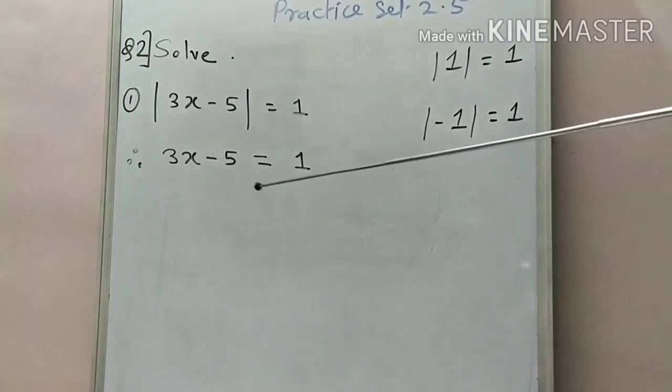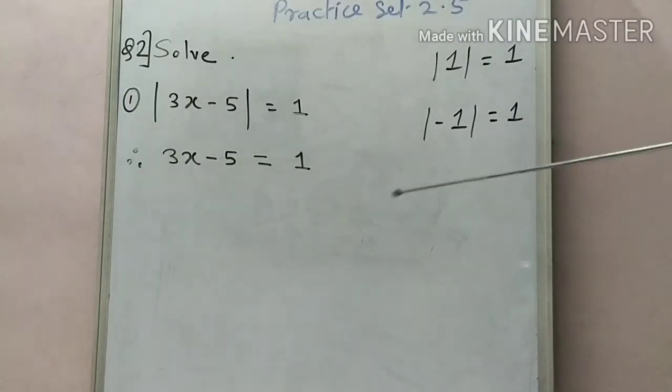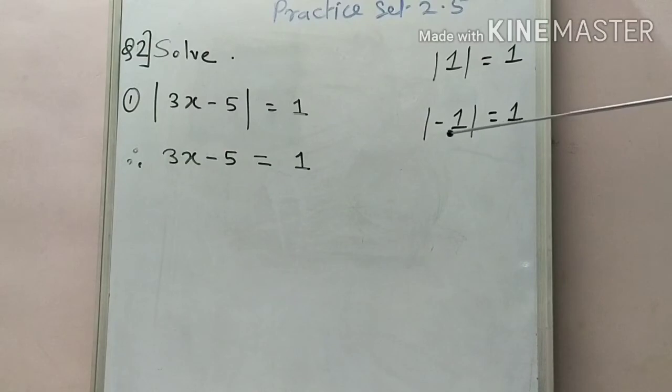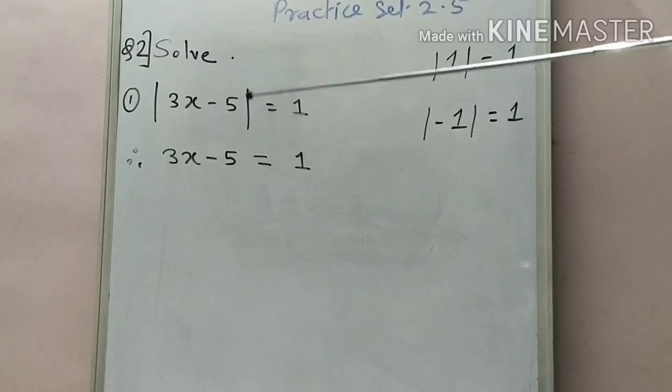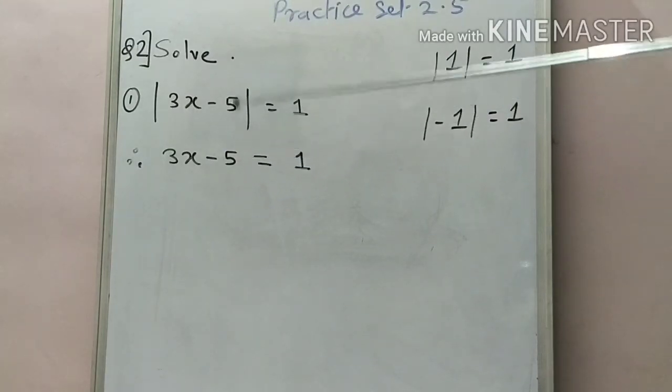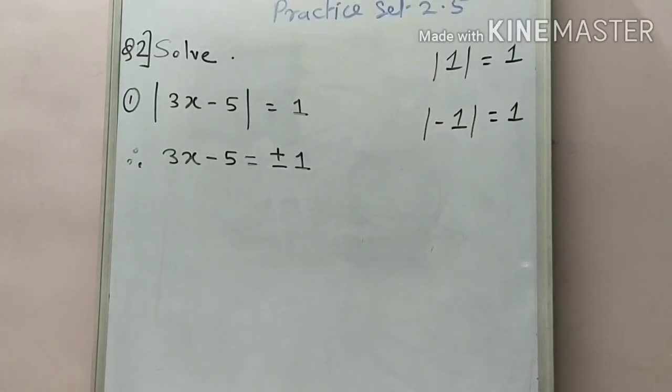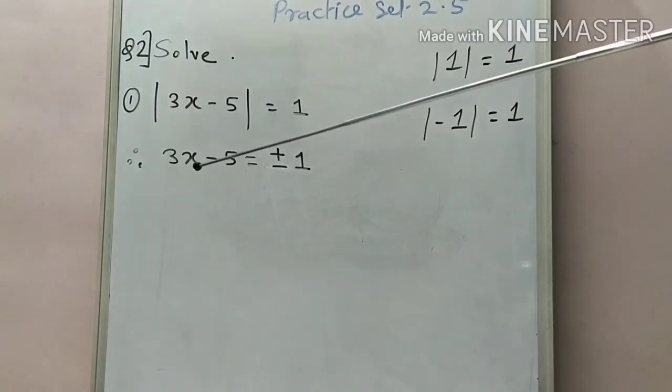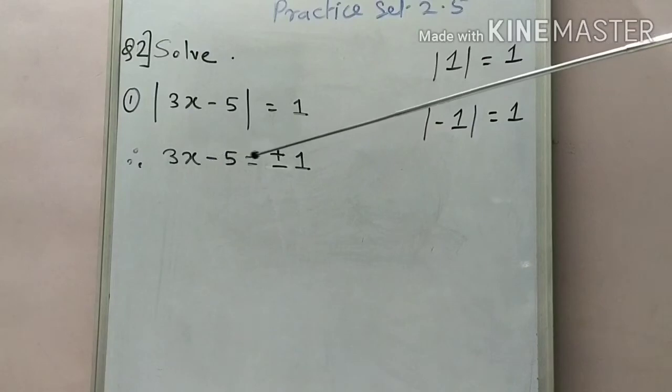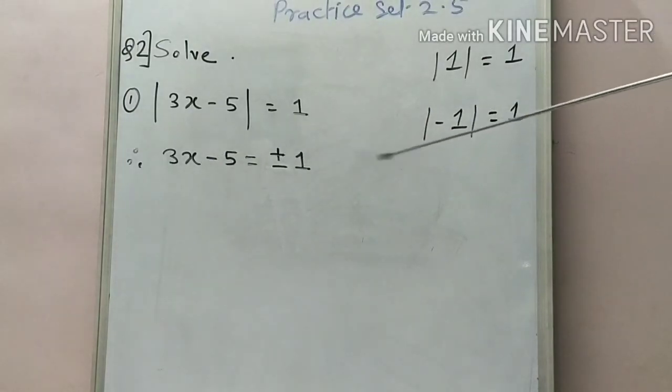असंही होईल ना, 3x minus 5 maybe that value is minus 1 पण असू शकते. So that absolute value, because we write it's always positive, so it may be 1 or minus 1, and hence to solve this kind of example, what we do, please observe here, we write both possibilities, that the expression value may be plus 1 or it may be minus 1 also.